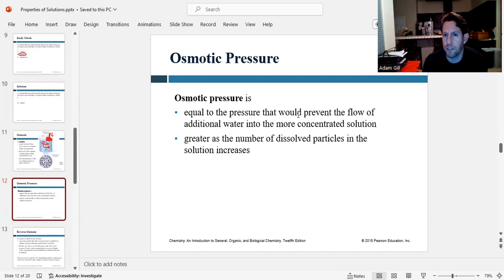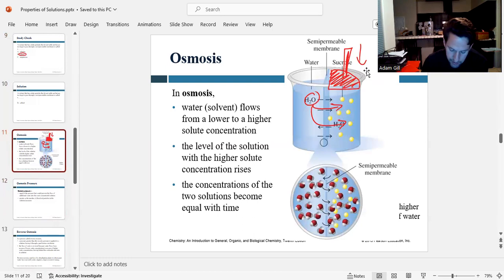So it's equal to the pressure that would prevent the flow of water due to osmosis. Now, what would happen if we applied a lot of pressure on this side, more so than the osmotic pressure? Well, you could squeeze water molecules the other direction if you apply enough pressure.